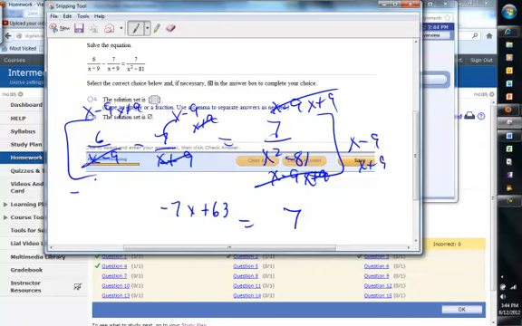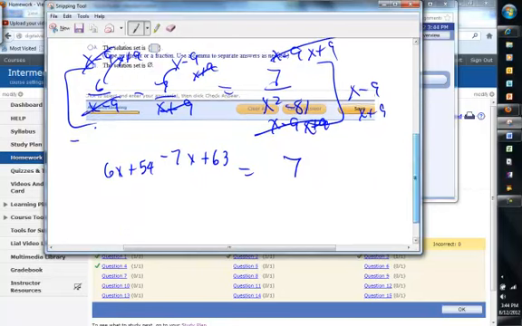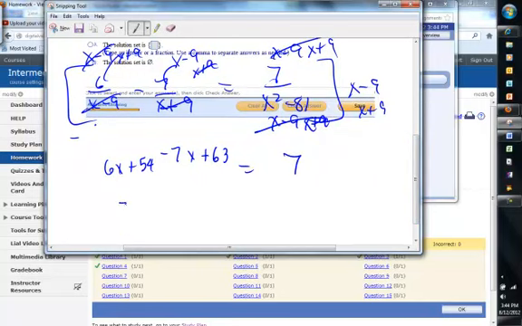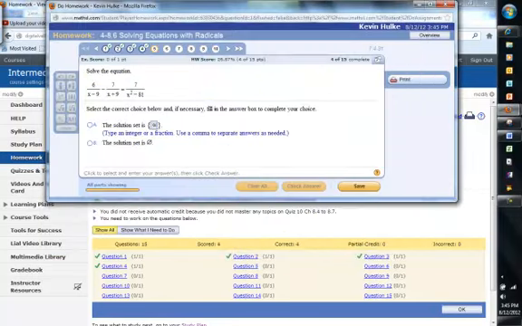And these two cancel, so we're left with 6x plus 54. 6x minus 7x is negative x. 54 and 63 is 117. Subtract 117 from both sides, and you get negative x is negative 110, so x is 110.